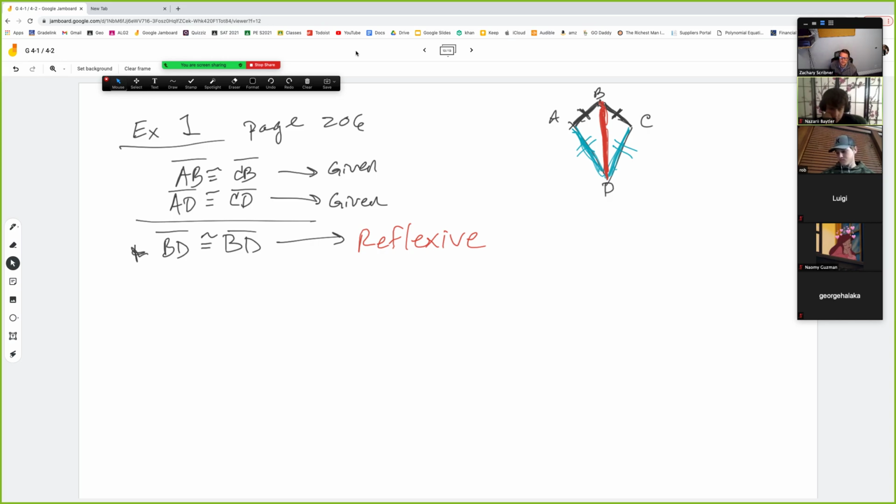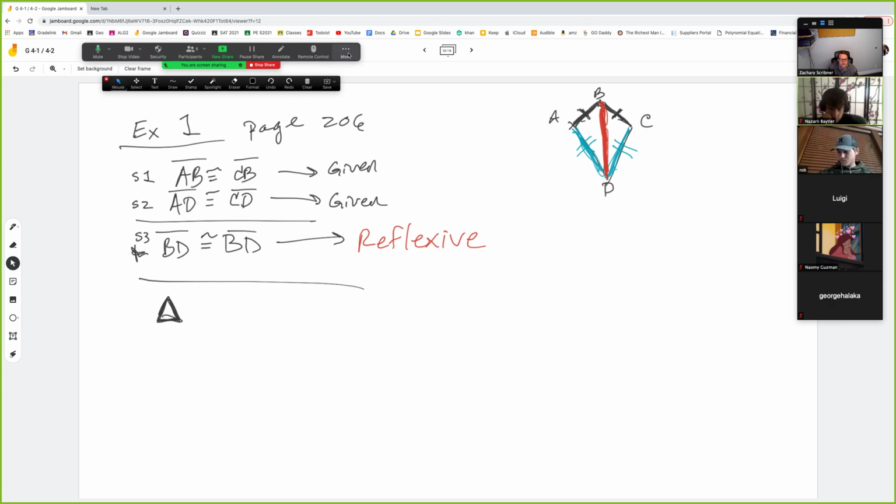Now that we have three sides, we're going to call this side 1, side 2, and now we have side 3. So now we can say triangle. Now remember, it's important how you label this triangle. Naomi, if you can't speak, could you put in the chat, what are the two triangles that are congruent?